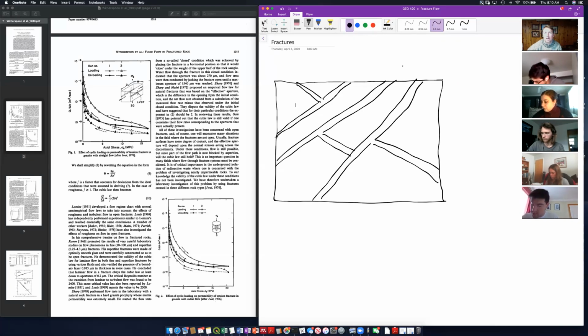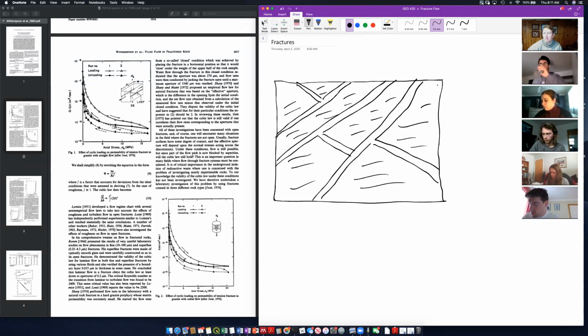Okay, so let's define some terms here. I'm going to say I've got crystalline or any kind of, actually fractures occur in all different kinds of lithified rock.